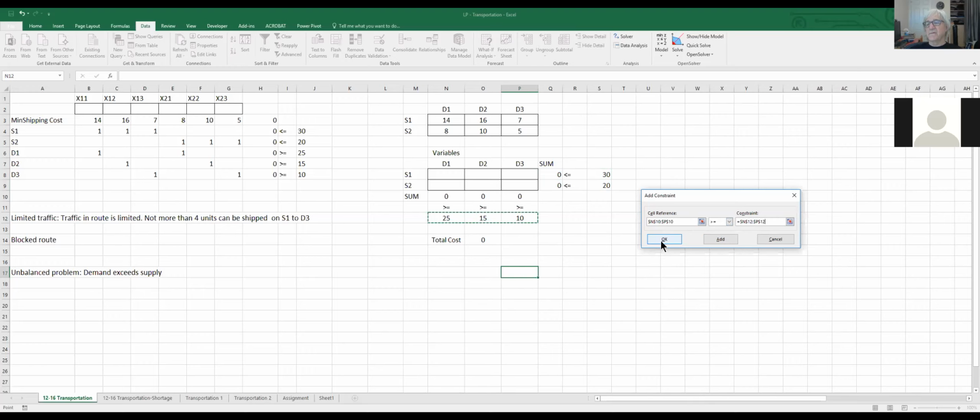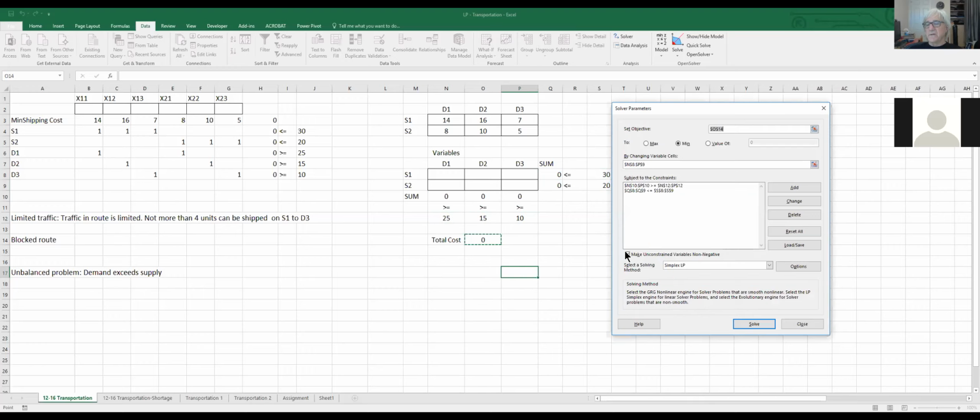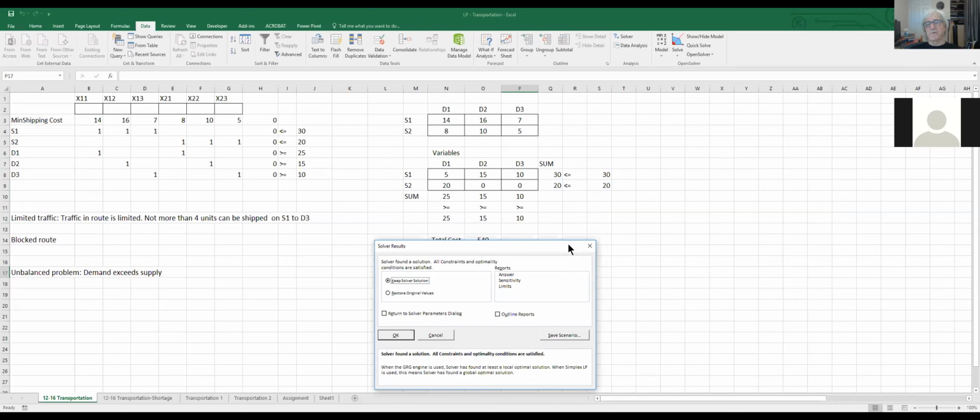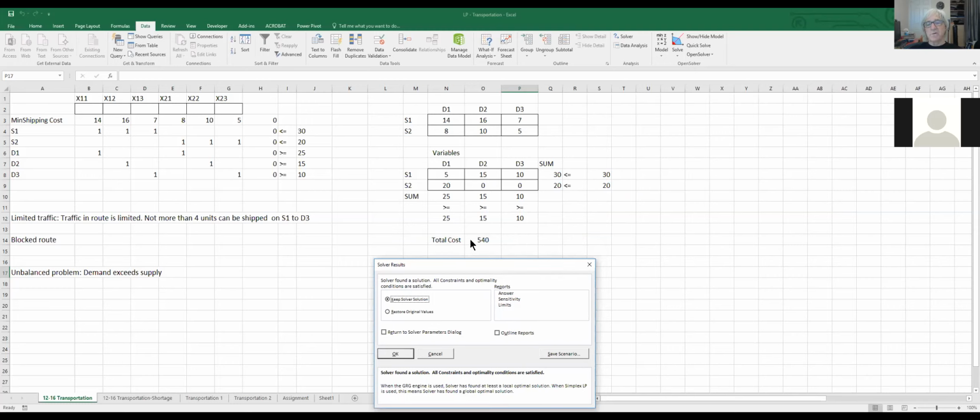And okay. Non-negativity, yes. Simplex, yes. All we need is to solve the problem and we have a solution. The optimal solution here is 540, which is what you would get if you were solving it with Solver before in the previous formulation.